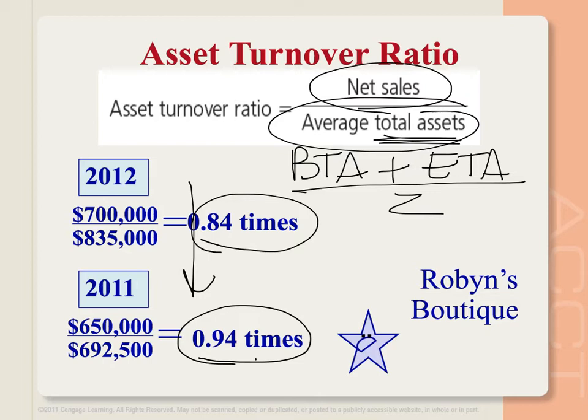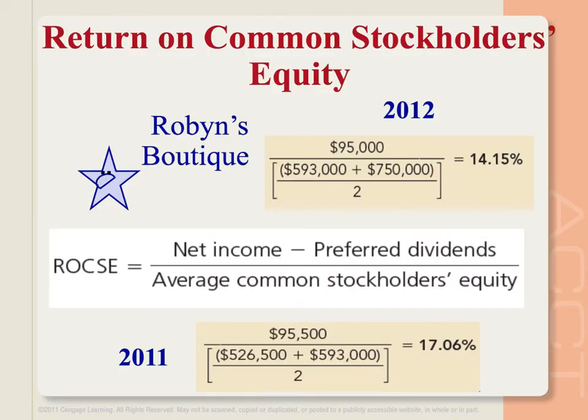So let's go ahead and take a look at the next one that helps us with profitability, return on stockholders' equity. Sometimes this is called ROCSE, and it measures the return to the common shareholders, net income reduced by preferred dividends, as a percentage of stockholders' equity.